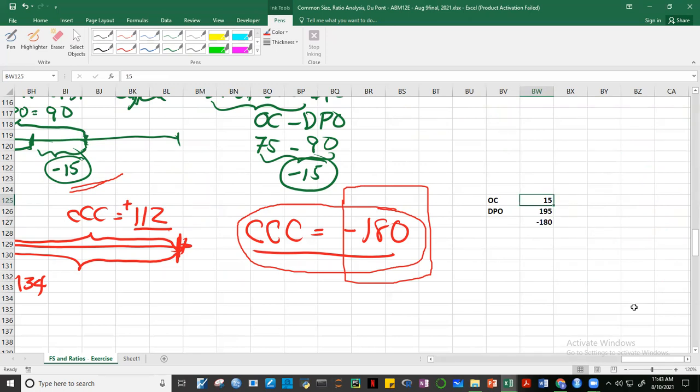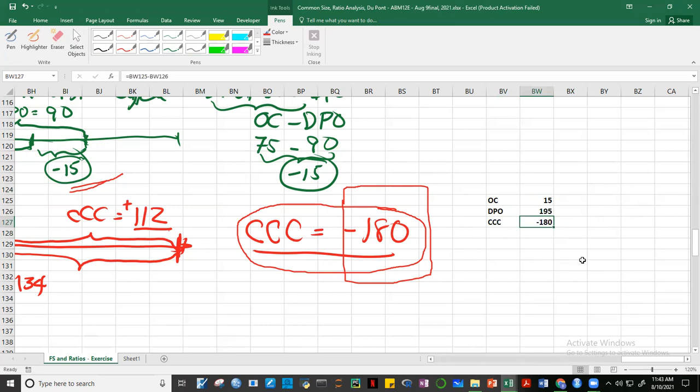Okay. So sabihin natin kunyari yung operating cycle 15 days. So siguro baka hindi manufacturing company to, baka trading, no? So bibili ng finished goods, and then sell. 15 days nila nagagawa 'yon. Pero binabayaran nila yung suppliers nila 195 days on the average. So if we compute for the cash conversion cycle, yan will be OC minus DPO.